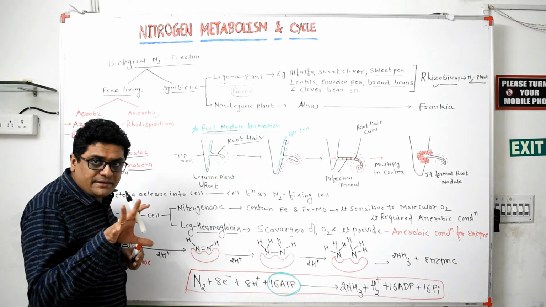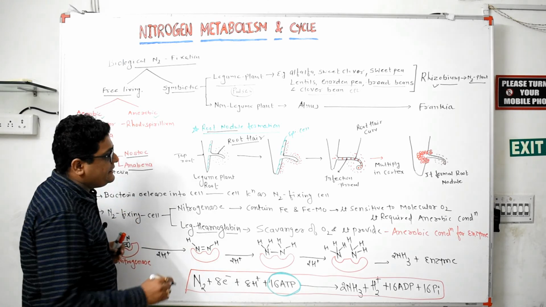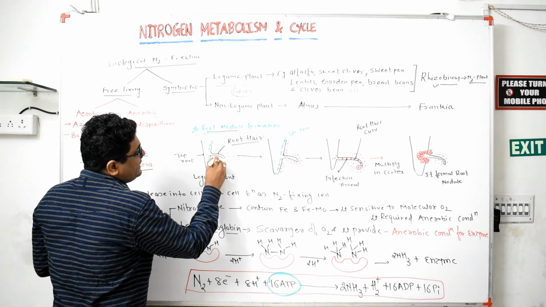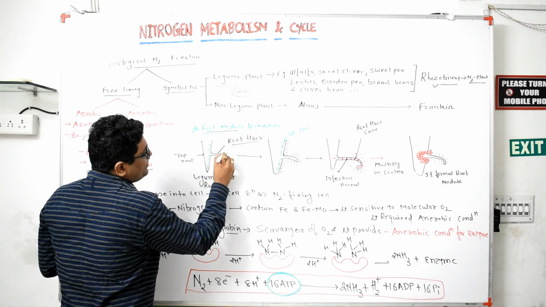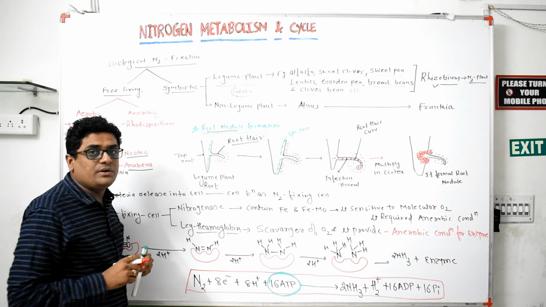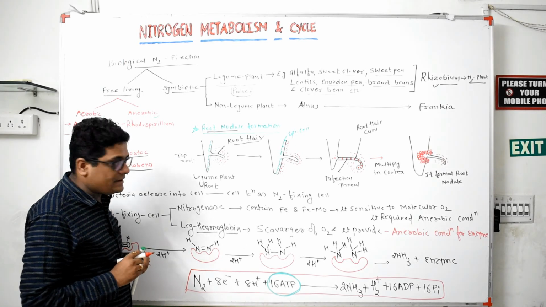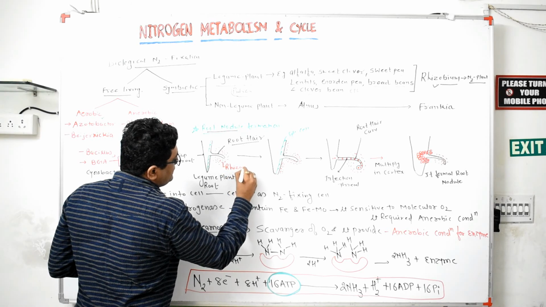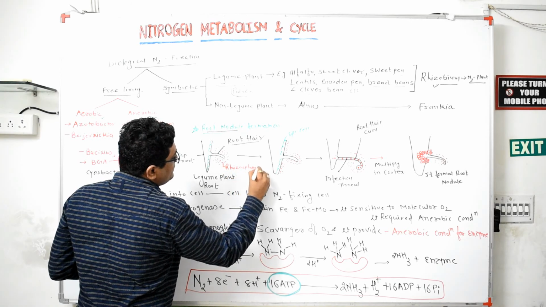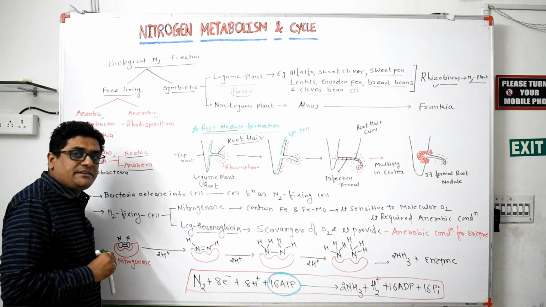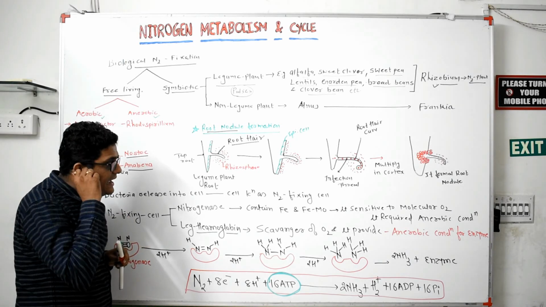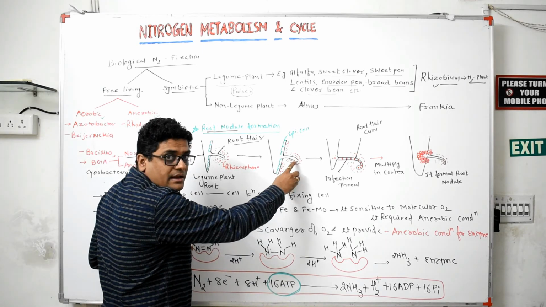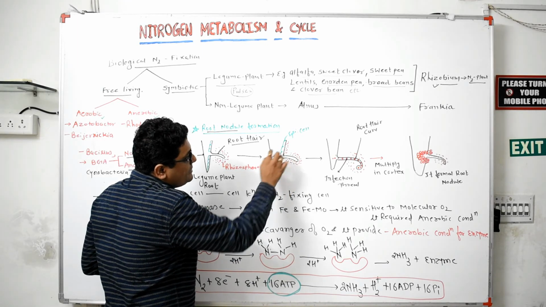The Rhizobium bacteria multiply and surround the root hair of the legume plant, and this is called the rhizosphere. Now these bacteria multiply and arrange themselves surrounding the root hair as well as the epidermal cells of the root.